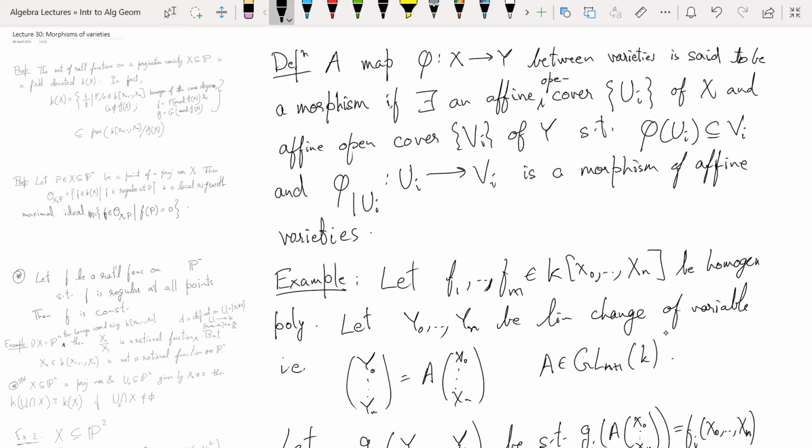So both Ui and Vi are affine, so we can ask phi to be a morphism of affine varieties. If this happens, then we say that phi is a morphism of varieties.